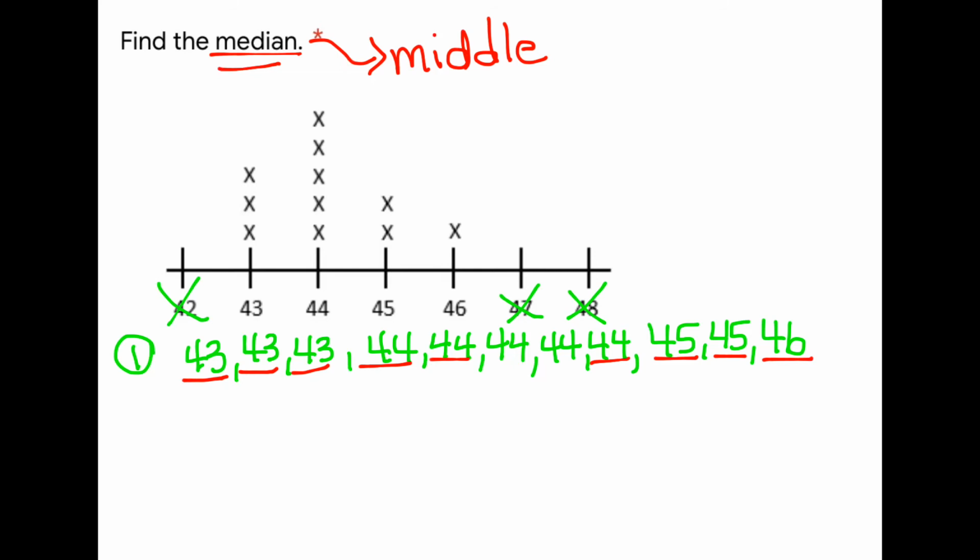My fifth to last. And I'm left with one in the middle. That will be my median. I have 1 left in the middle, and that's my median. So my median is going to equal 44. I gave you that answer as well.